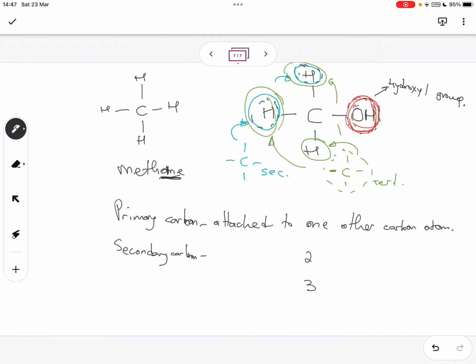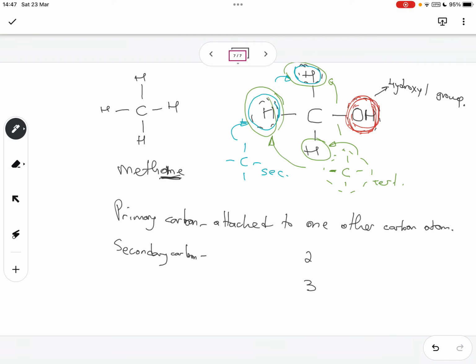So on page 121 you see the primary alcohol: the hydroxyl group, the OH, at the side on the right of this four carbon hydrocarbon, is bonded to one carbon atom. So that makes it a primary alcohol.